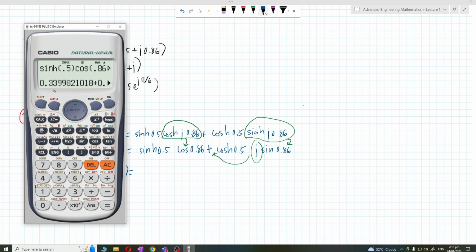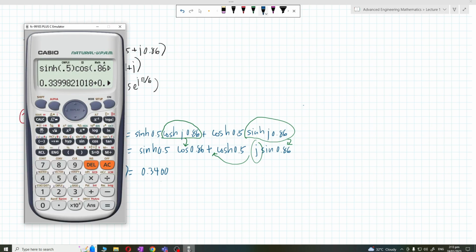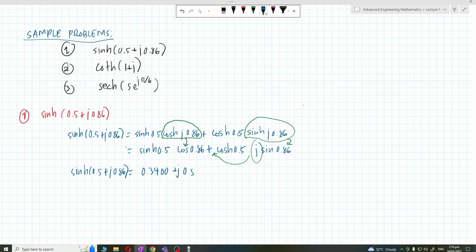So sagot is 0.33998 or 0.3400 plus j0.8546. Nasundan ba? Very easy guys, di ba? Konting convert lang and then calculate na. Wala masyadong analysis guys.